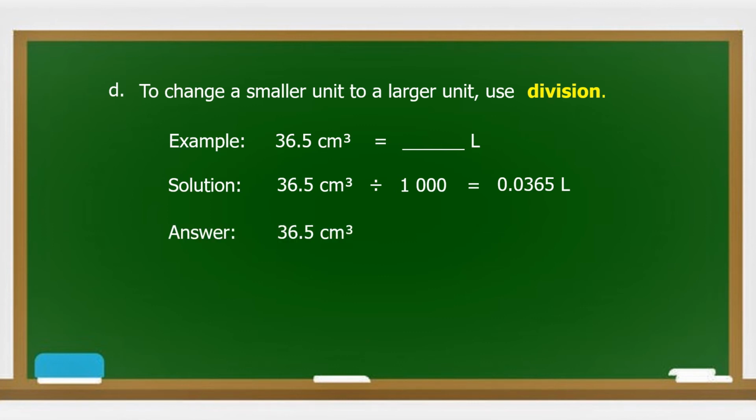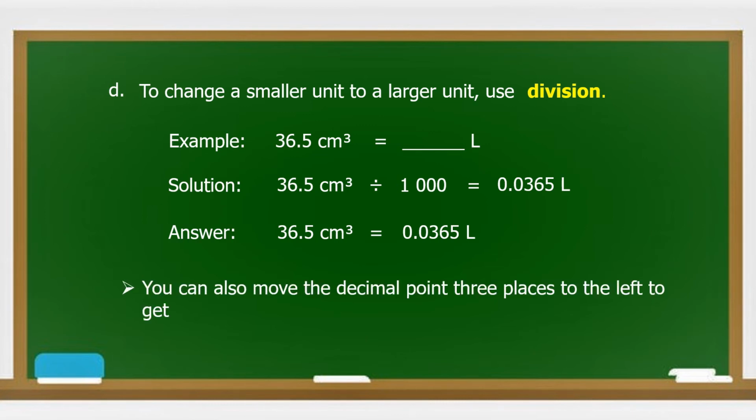Answer, 36 and 5/10 cubic centimeters equals 365 ten-thousandths liter. You can also move the decimal point 3 places to the left to get 365 ten-thousandths liter.